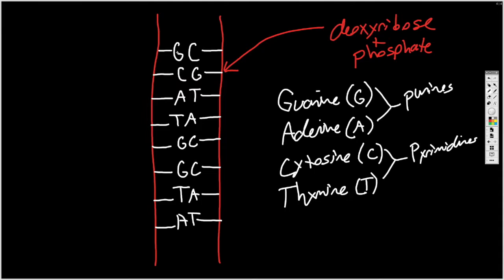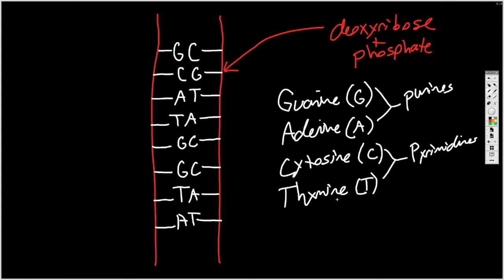Okay, the purine guanine always base pairs with the pyrimidine cytosine. The pyrimidine cytosine always base pairs with the purine guanine. Okay, same thing with adenine and thymine. And they make up the rungs of this ladder. Okay, we call these base pairs. So GC, this is a base pair. AT, that's a base pair. TA is a base pair. So that's why we sometimes just call these chemicals bases.